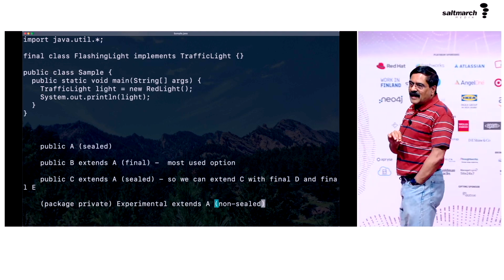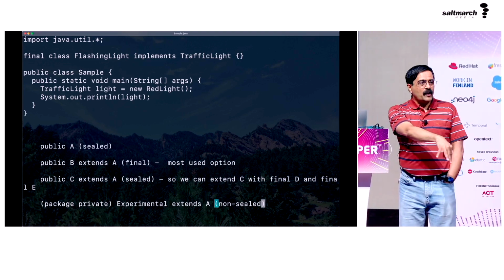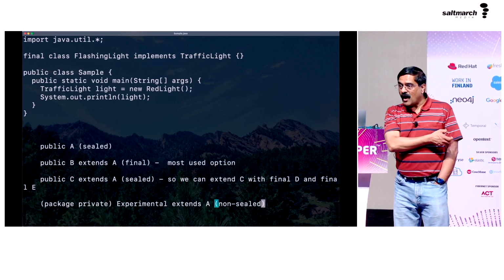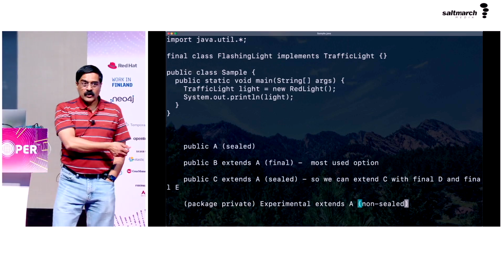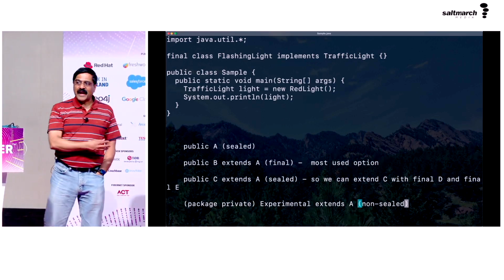So this would be a nice way for you to allow a group of objects. This could also be used for mocking purposes and stubbing purposes if you want to create something for that purpose. So that's where non-sealed makes sense.